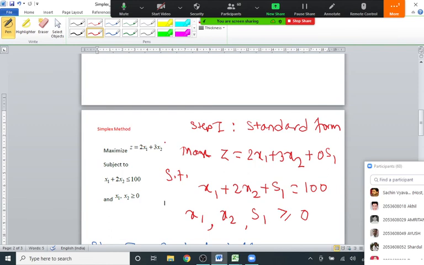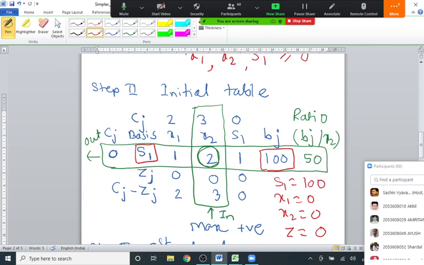Then the corresponding variables x1, x2, s1, and bj are written, and the constants are written below. After that, you calculate Zj with the dot products, like 0 into 1, 0 into 2, 0 into 1, that's one Zj.